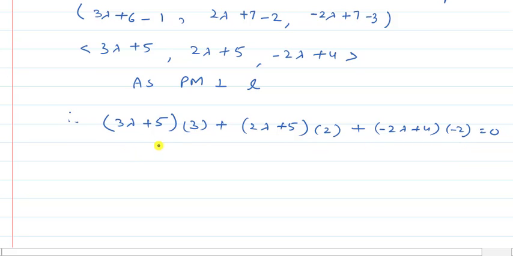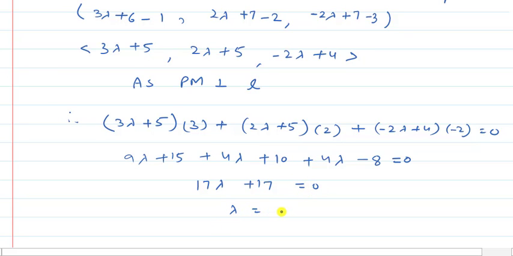On solving this we are getting 9 lambda plus 15 plus 4 lambda plus 10 plus 4 lambda minus 8 is equal to 0, and further from here we are getting 17 lambda plus 17 is equal to 0, and we are getting lambda is equal to minus 1 from here.